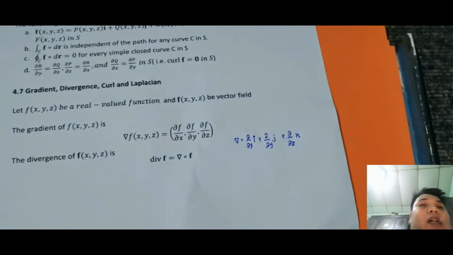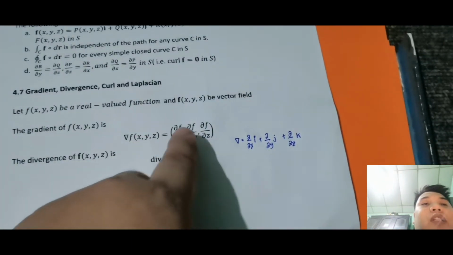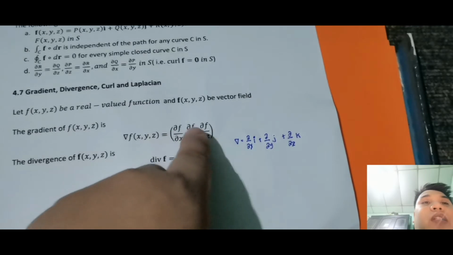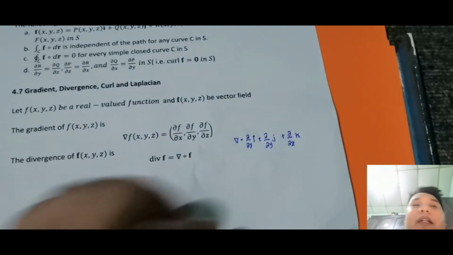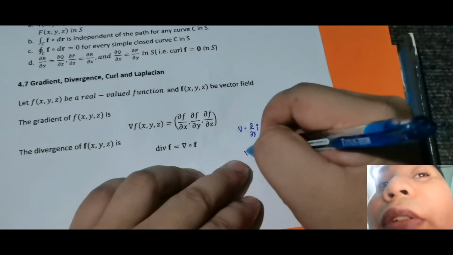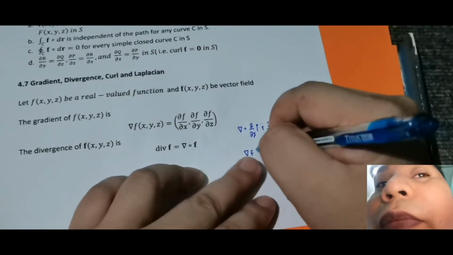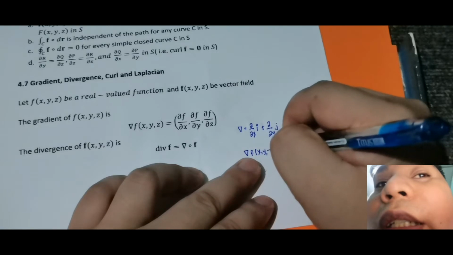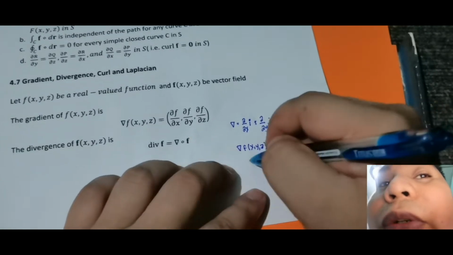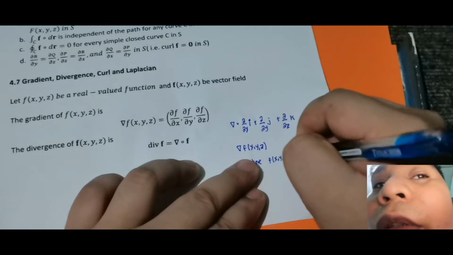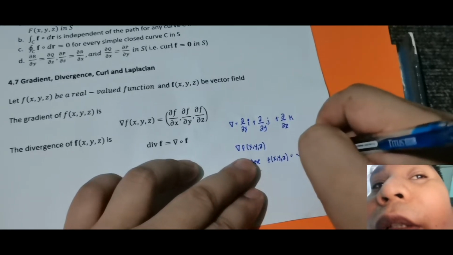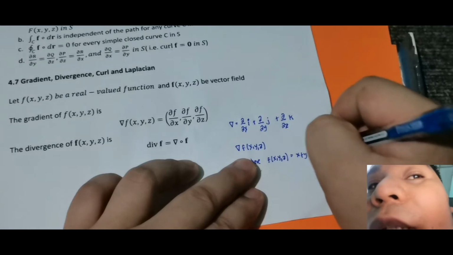Okay, so meaning ng kunyari may function f, input ko lang dyan yung f. For example, yung kinuha ko yung del of f of x, y, z, where f is simply x plus y plus z, for example, ganyan yung given.